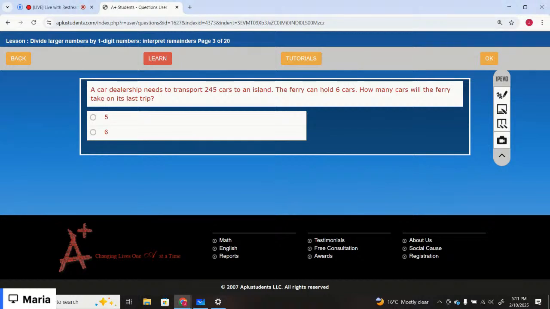A car dealership needs to transport 245 cars to an island. The ferry can hold 6 cars. How many cars will the ferry take on its last trip?